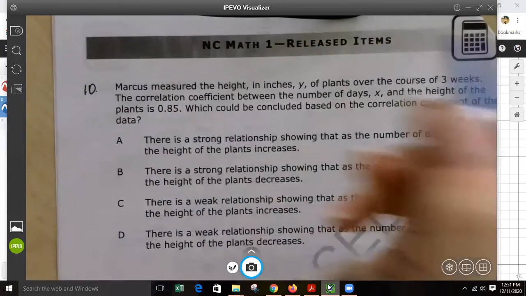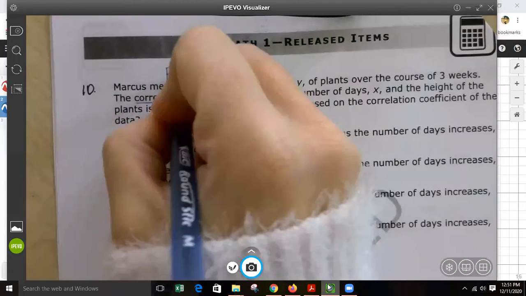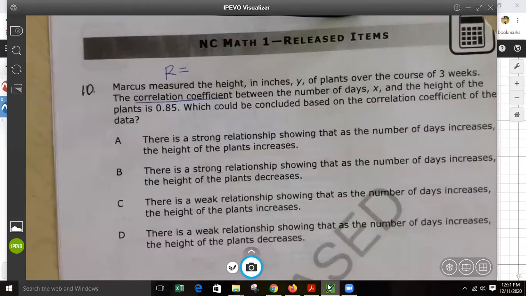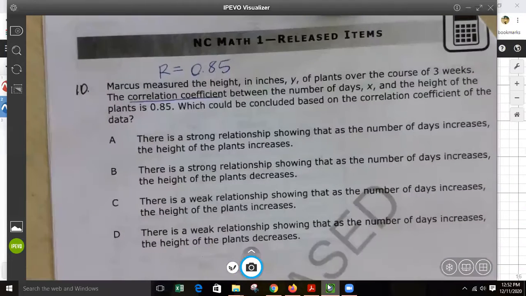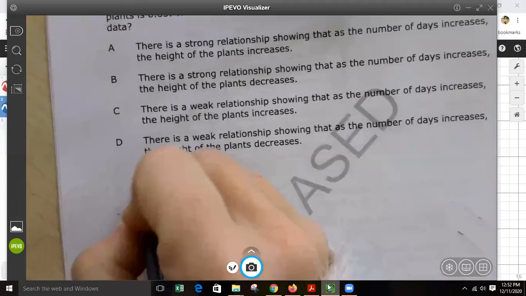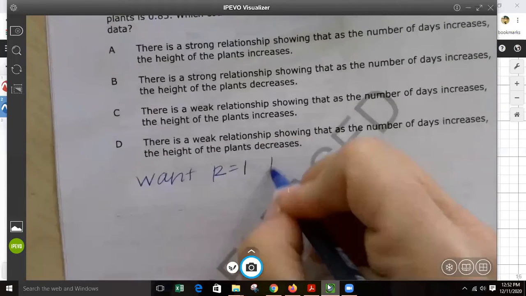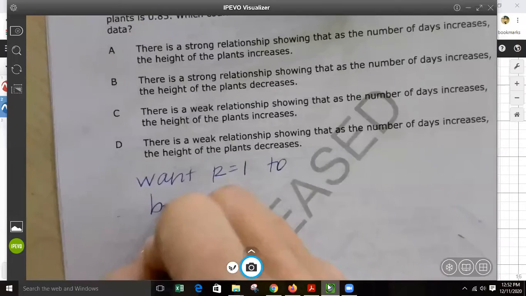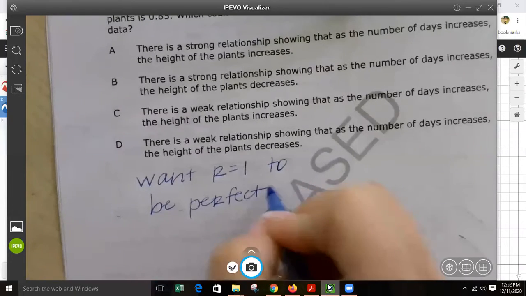All right, so they talked about the correlation coefficient. That is R in your calculator. So it said R equaled 0.85. And if you guys can remember what R means, we want R equals 1 so that we will have a perfect line. So it'll be perfect.